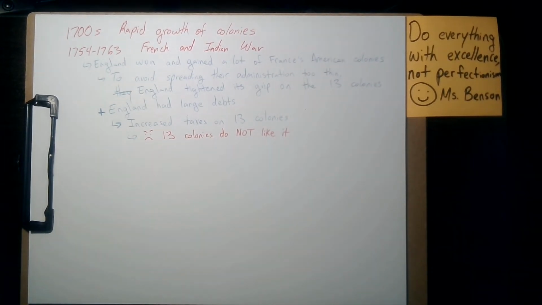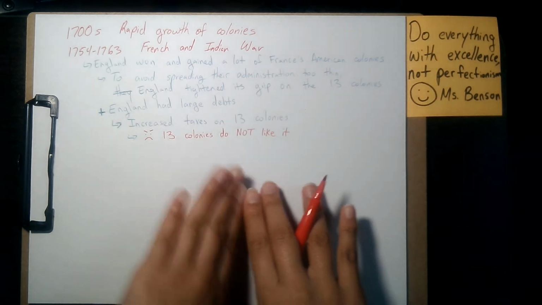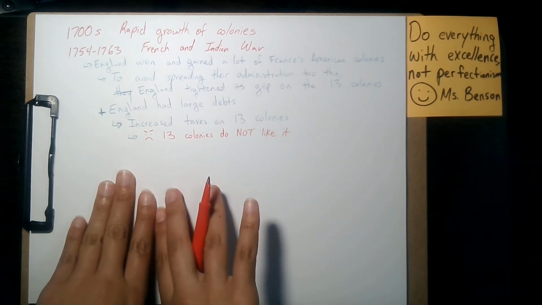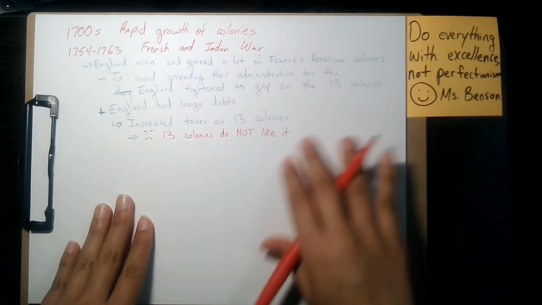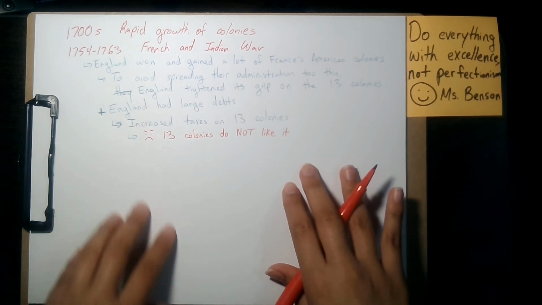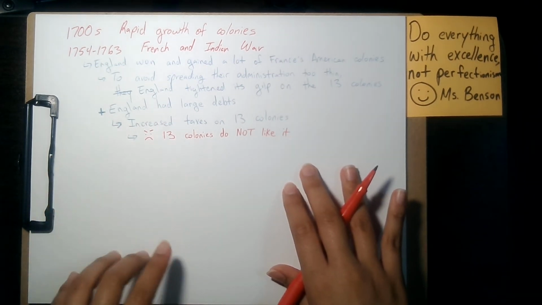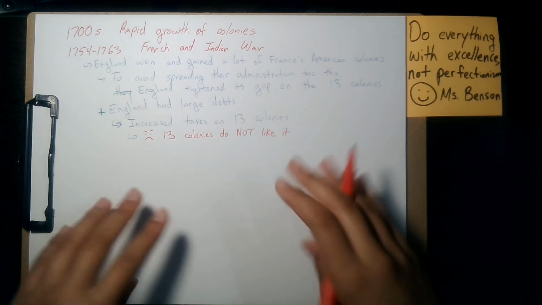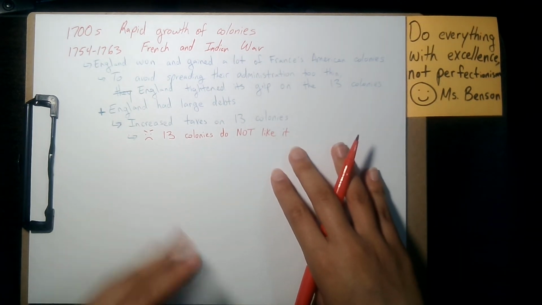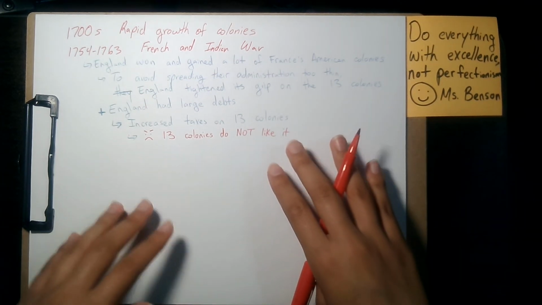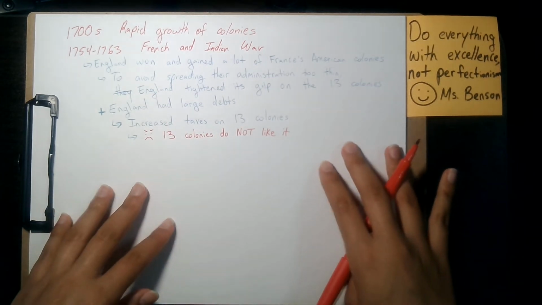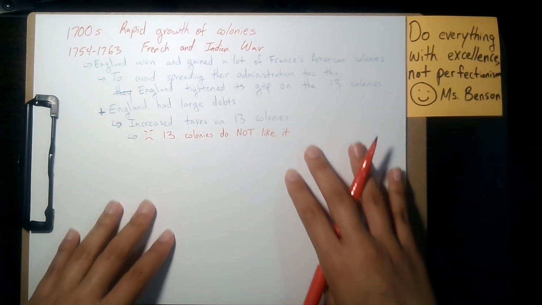So these colonies also, since they're over here on this side of the Atlantic Ocean, and then we have Europe over here, they were fighting a different war, even though the colonies were English for all practical purposes. They were having a different identity. They had a different way of life.